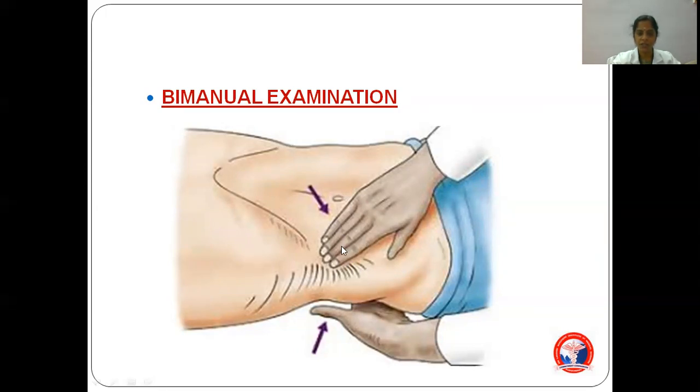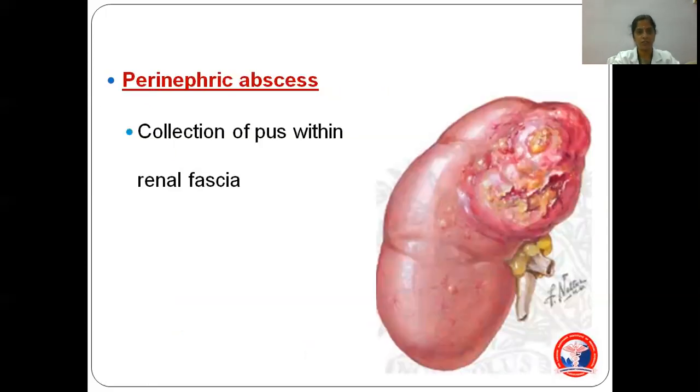When you compress the anterior abdominal wall, you can feel the lower pole hitting the fingers of the opposite hand. That is named bimanual examination. This is the way to examine the kidney. Is it clear? Next clinical condition we will see.